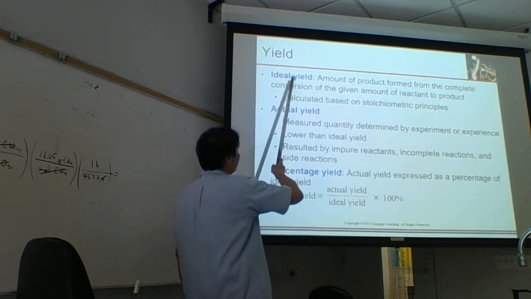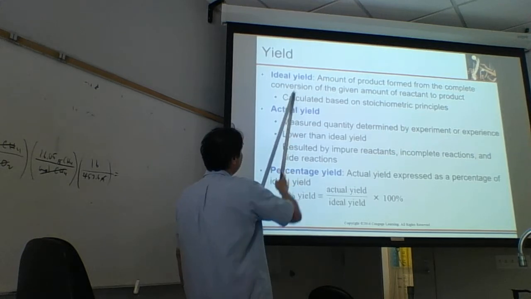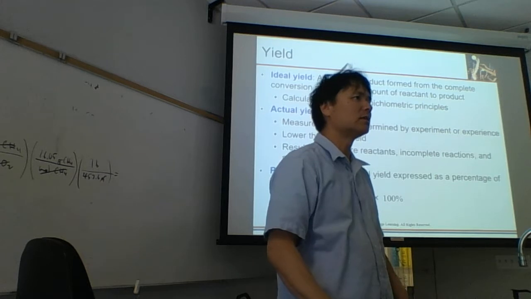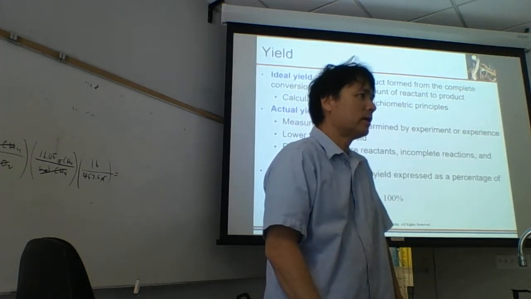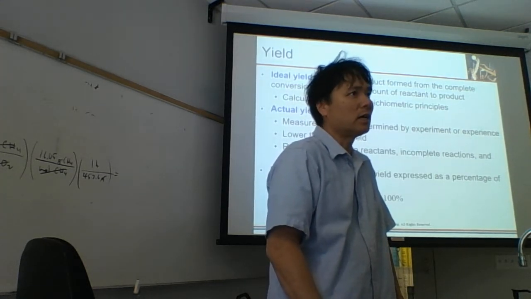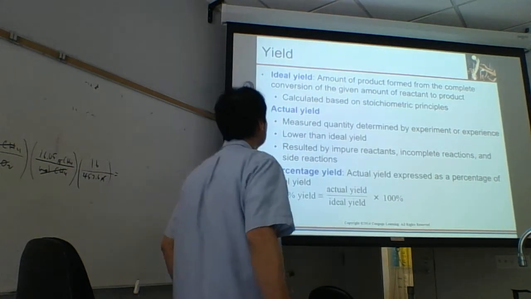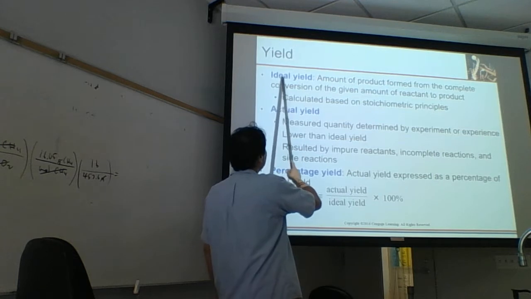There's actually more yields. You know, there's something called ideal yield, actual yield, percentage yield. And so the theoretical yield is the yield that's based on the limiting reagent. That's the amount that you can actually get. The other, you know, you can't. It's an impossible yield. And so we have the ideal yield.